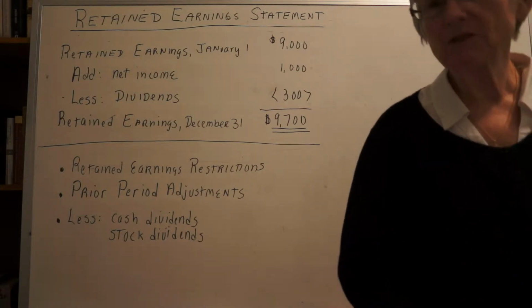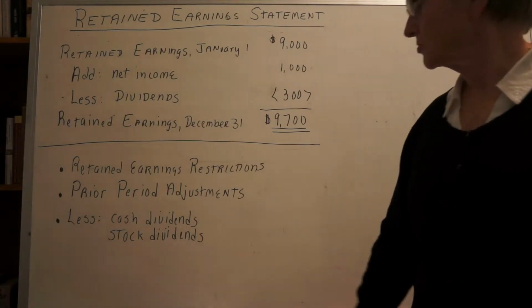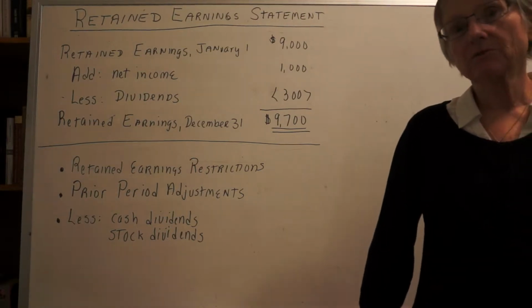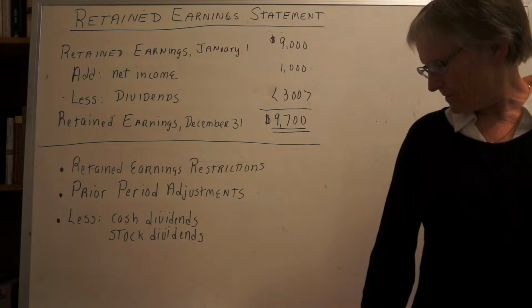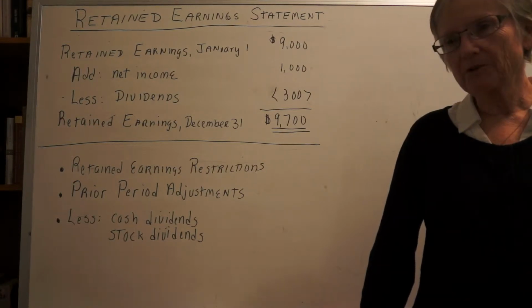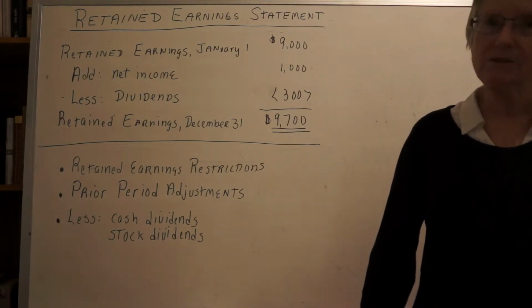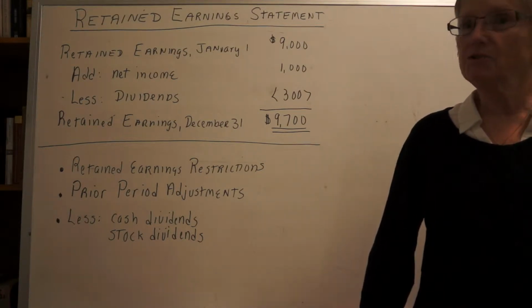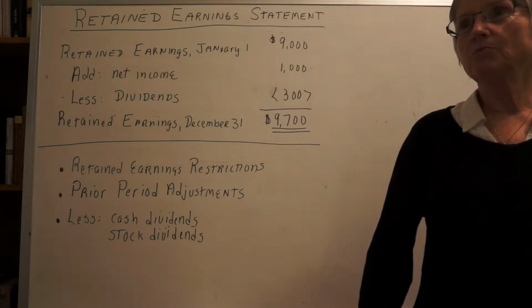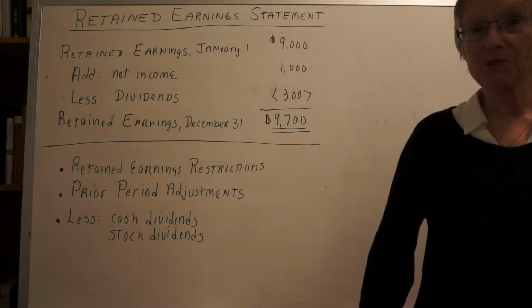So generally, when stockholders and others look at retained earnings, they think, oh, those are available to pay us some dividends. Oh, goody. But management may have other plans for the earnings that they have retained. They may have a big bond issue coming due that they're going to have to pay off. They might want to be expanding their plant facilities.